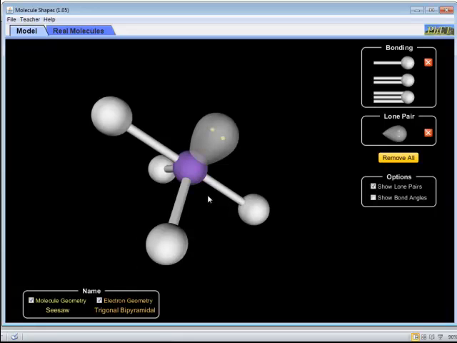sawhorse. So the bond angle, because of this, is going to be slightly less than 120 and slightly less than 90. Sometimes in textbooks, because the influence of the lone pair is relatively weak, they maintain the 120 and 90 degree bond angles.